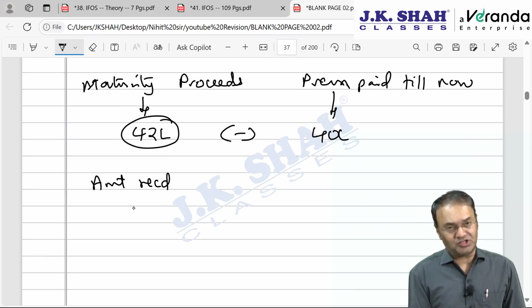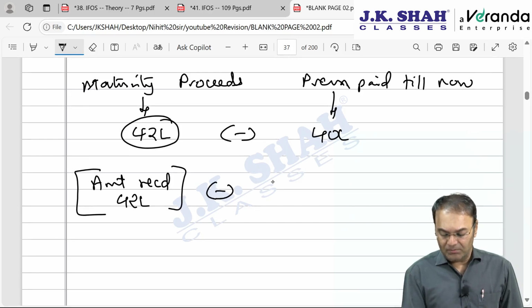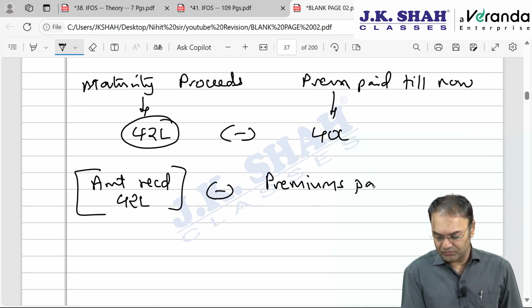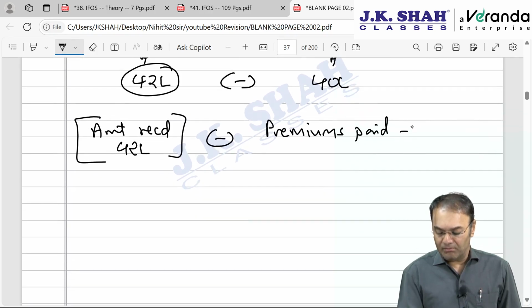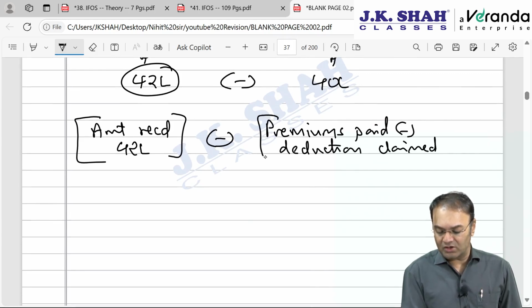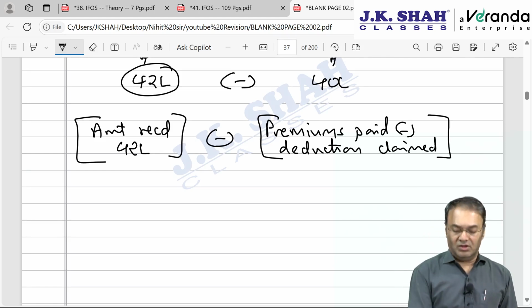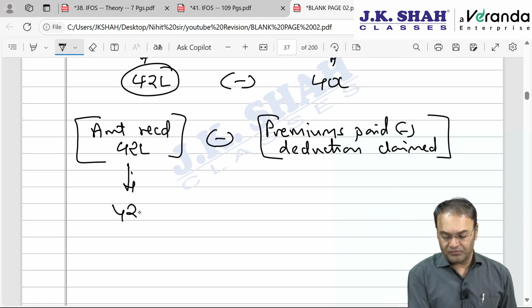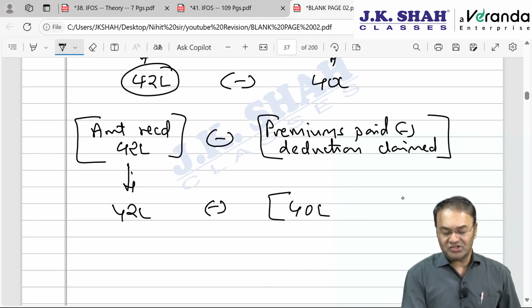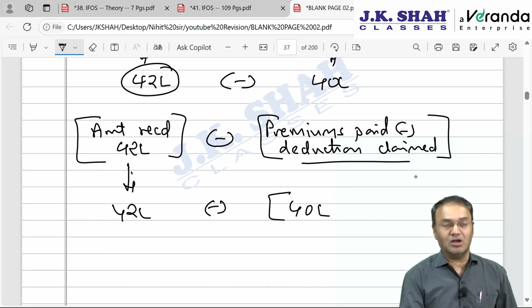Amount taxable will be maturity proceeds including bonus amount received, minus premiums paid till now, minus deduction already claimed under 80C or under any other provision for the premium paid. So amount received is 42, minus premiums paid 40 lakhs, minus deduction claimed under any provision of the Act.